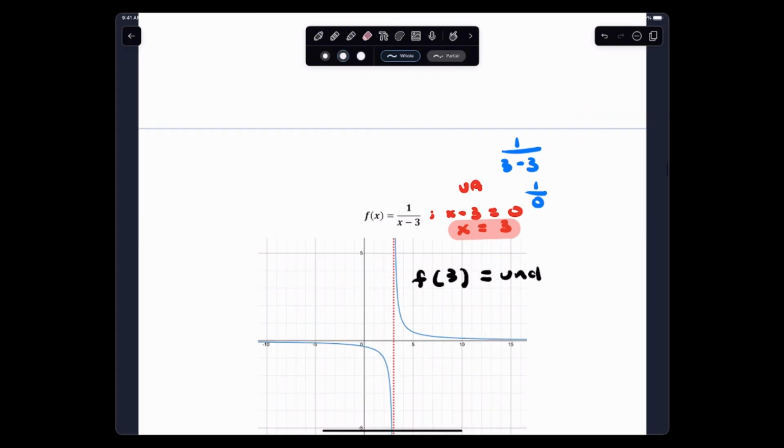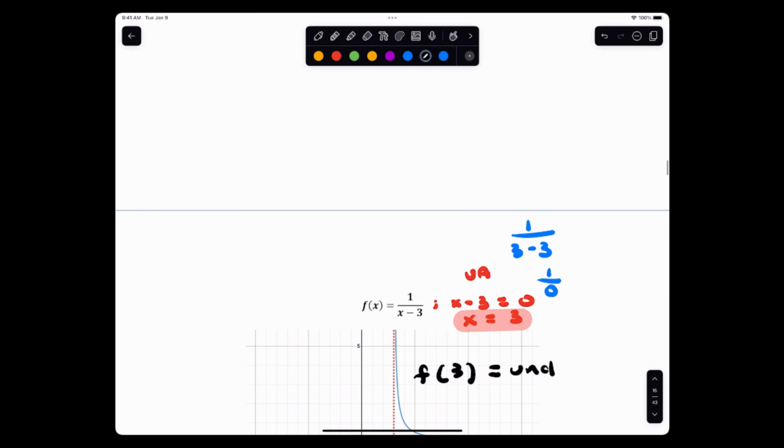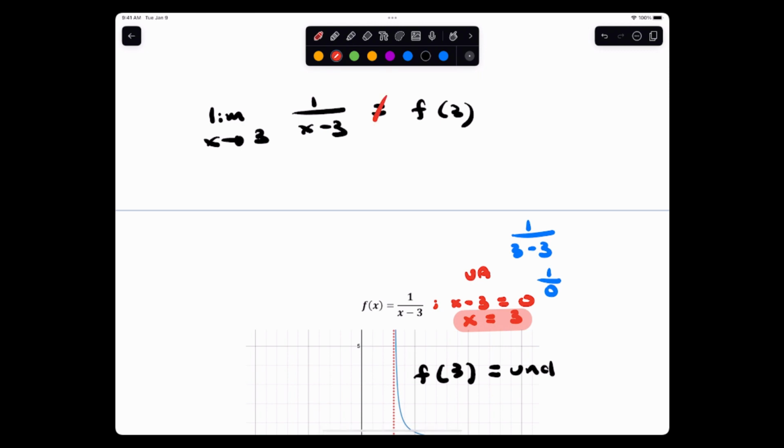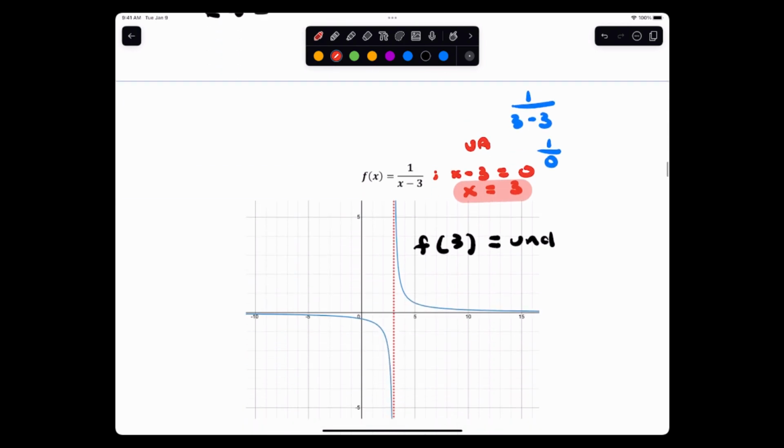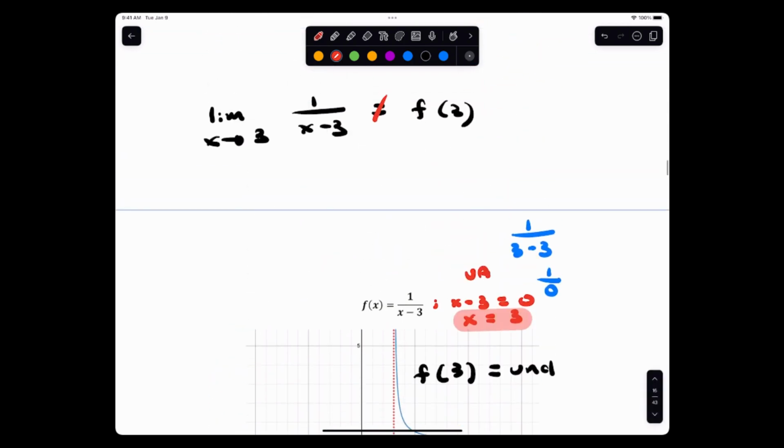Now you might say, what are you getting at here? Let me remind you guys, I gave you that definition too, right? Remember, if the limit as x approaches 3 of this function equals f of 3, then we can say that the function's continuous at 3. Is that right? But those two things are not equal. You go, what are you talking about? Well, the limit, the left one, does not exist.